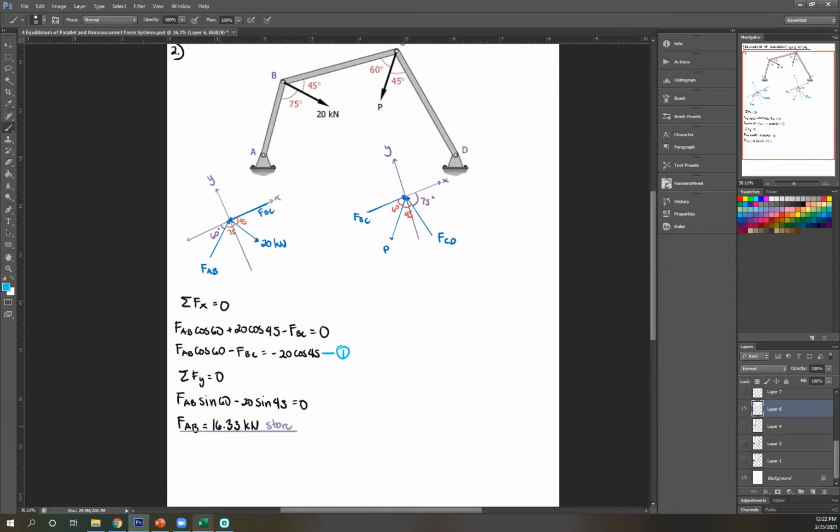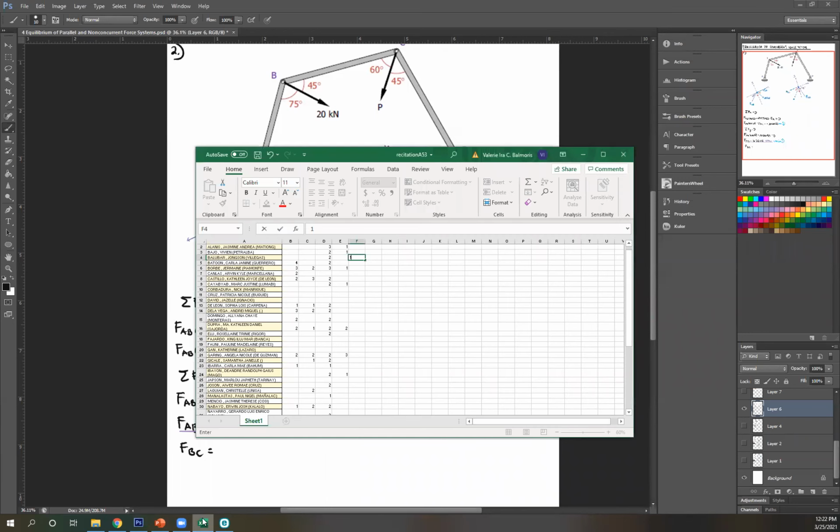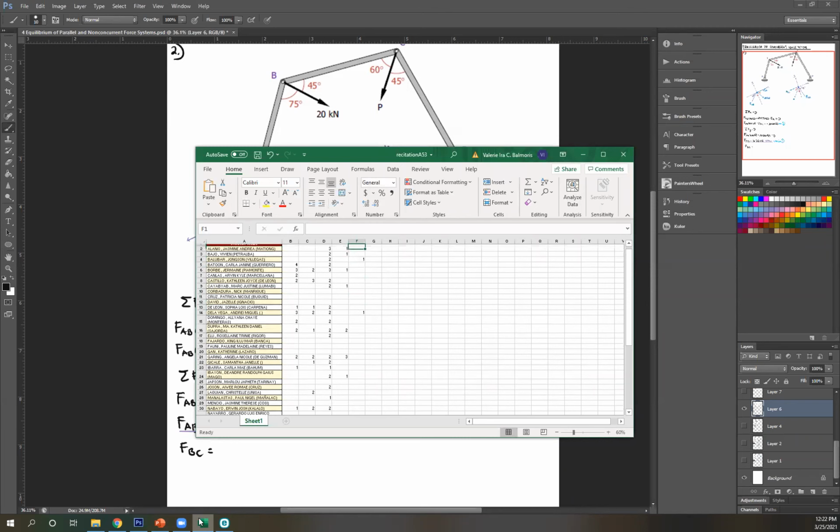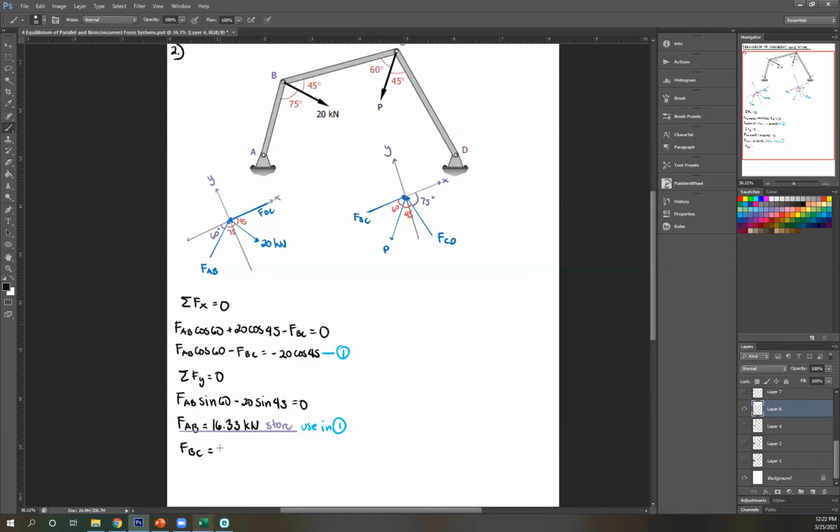And then using FAB in equation 1, we can now solve for FBC. Please solve for FBC. What is it? Correct, Andre and Jasmine. So De La Vega and Alanis. Okay, so 22.31. Once again, store that because we're going to need that in our next equation.